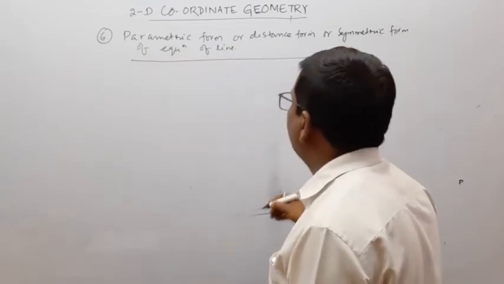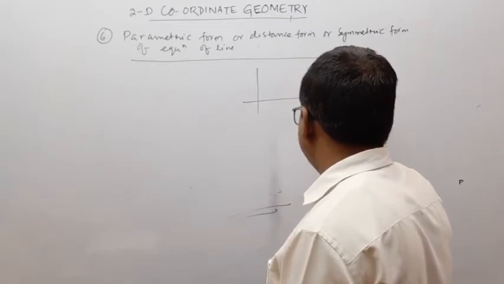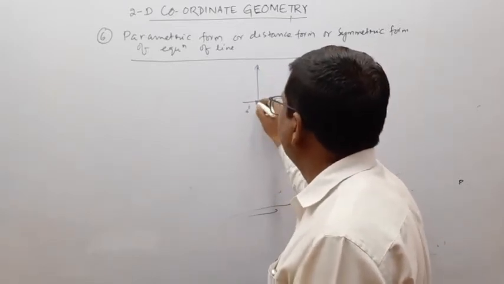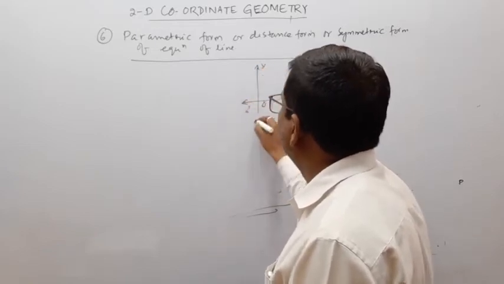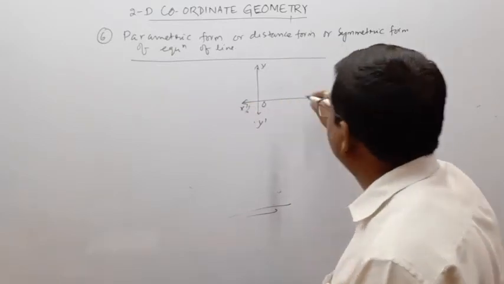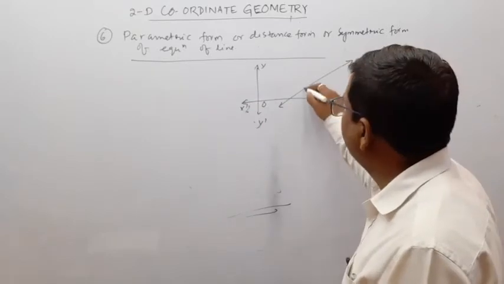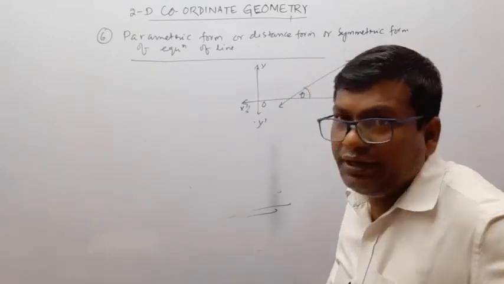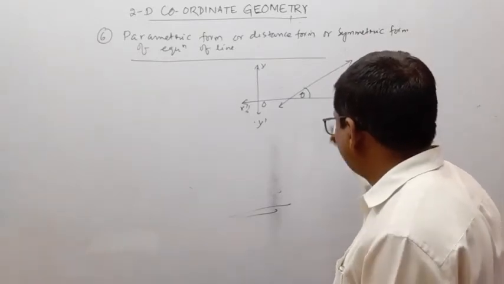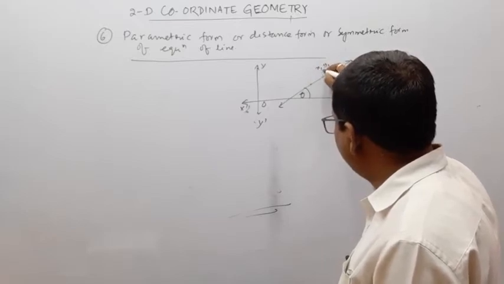Suppose this is the coordinate system, this is the x-axis, this is the y-axis, this is the origin, and this is x dash and y dash. Now let theta be the angle between the straight line and the positive direction of the x-axis. Let this be the point x1 y1.